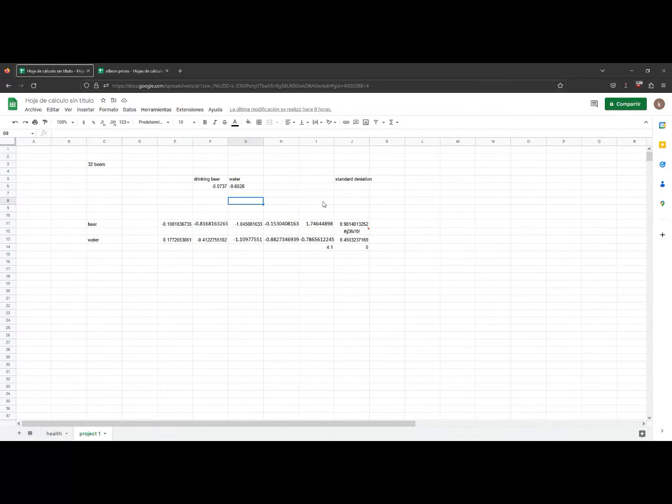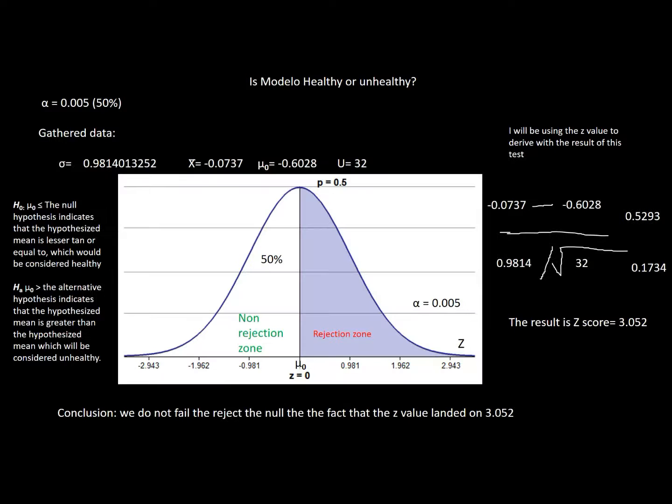So you use the standard deviation of that, and then you use the mean. Okay, now go back to the curve. Can you see the curve? No, I still see the spreadsheet.